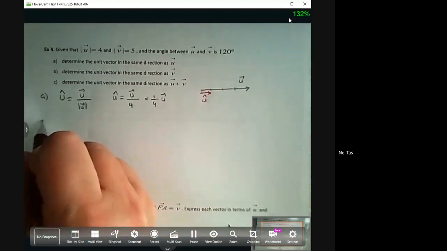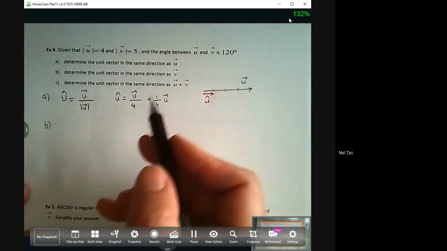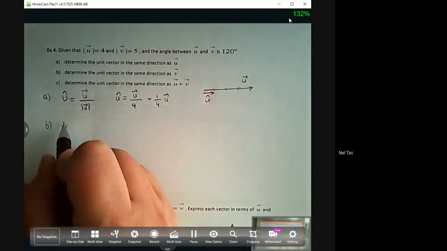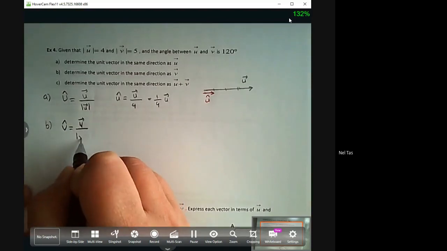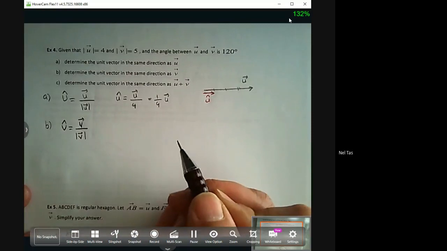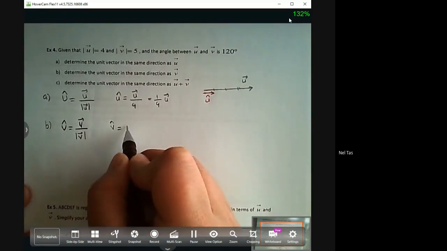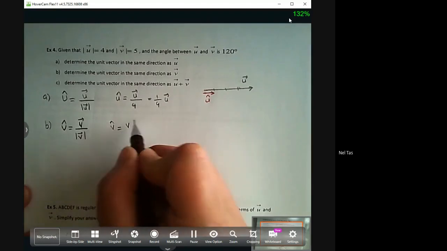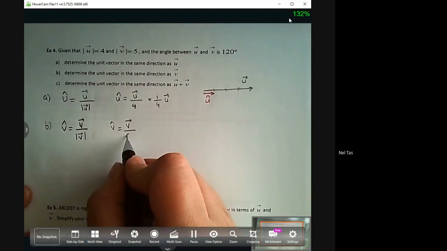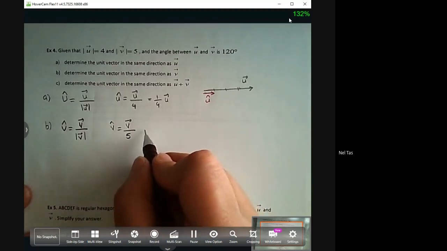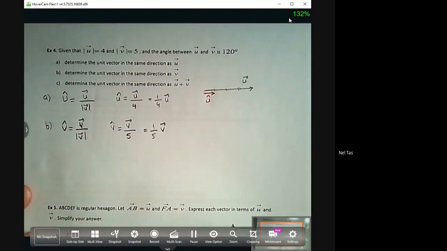Okay, b. Determine the unit vector in the same direction as v. So v hat is v vector divided by magnitude of v. So v hat equals v vector over, so magnitude of v is 5. So 1 over 5 v vector.